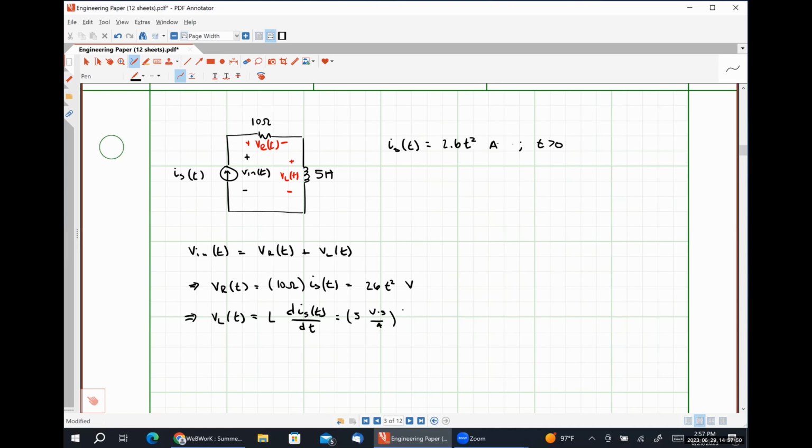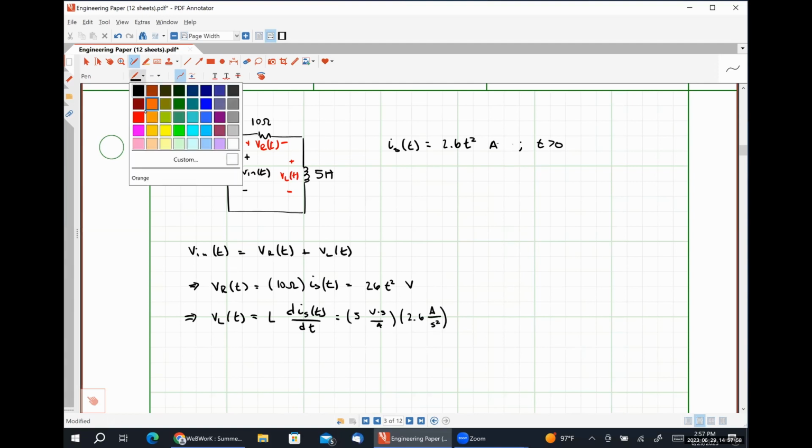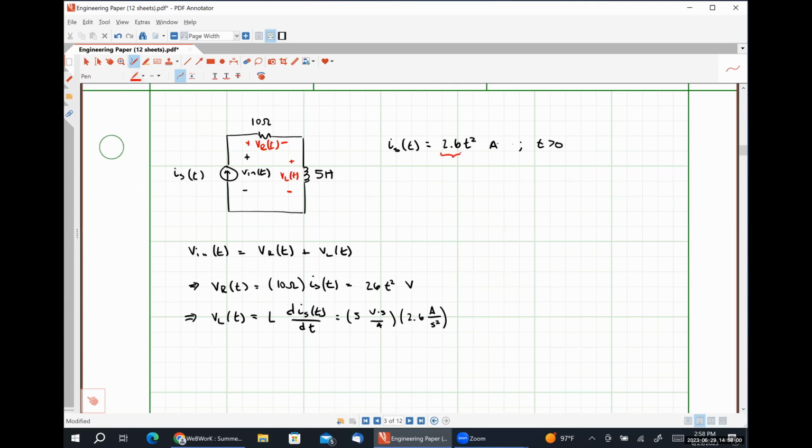So we're going to have 2.6 amps per second squared. Just to be really clear here, I've said that the units of this coefficient have to be amps per second squared, because 2.6 some units times time squared has to give us amps. So this is another case where we have to look at the implied units of what's going on in order to figure out how things are going.